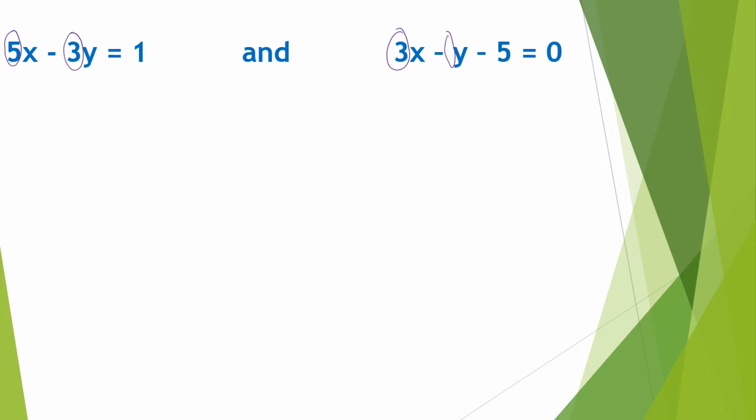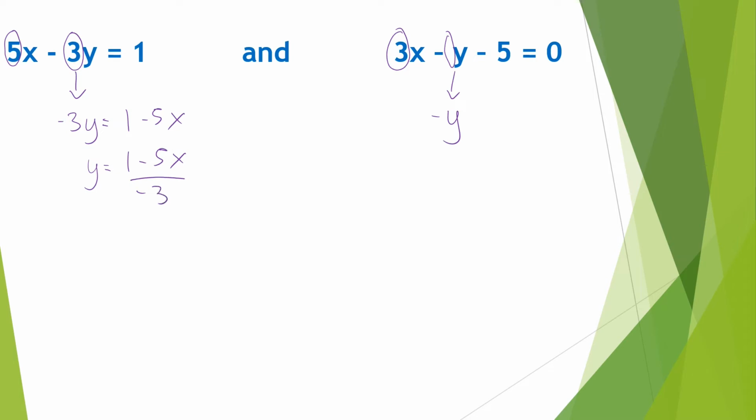So I use this one first, minus y. Just choose the smallest coefficient from the equations, as x or y, to substitute into the other equation. Do you get it? Because if, for example, you choose this one, it will become minus 3y equals 1 minus 5x, so y equals 1 minus 5x divided by minus 3.